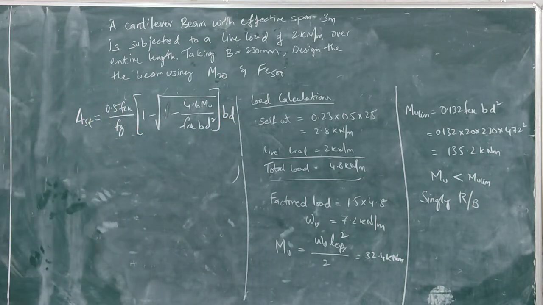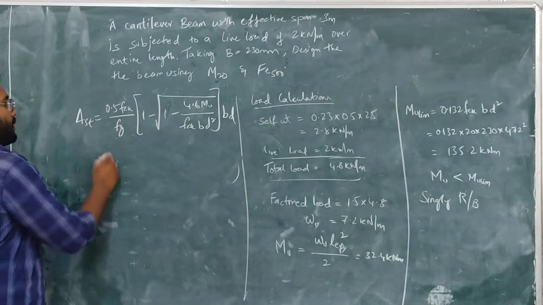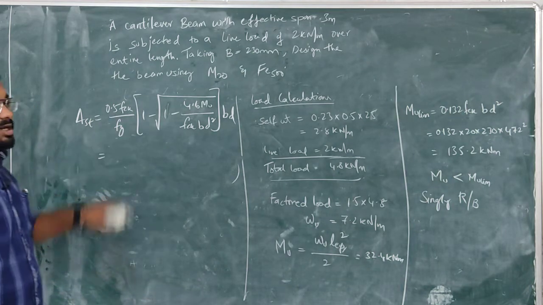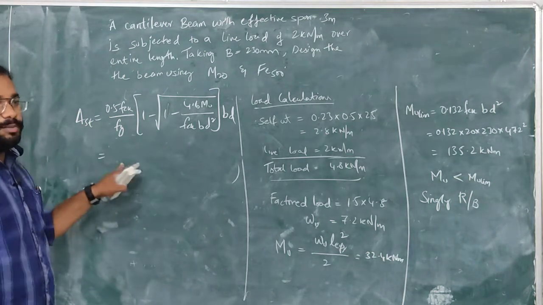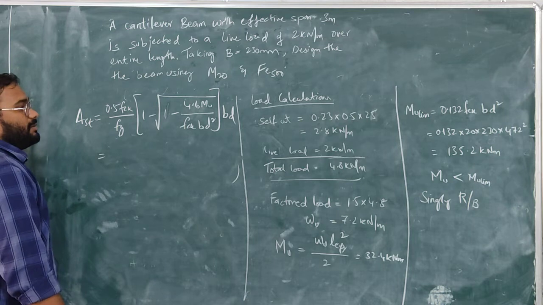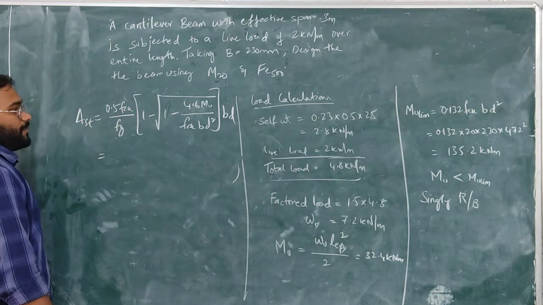Or you can even use the previous formula. This formula is more preferable because you avoid mistakes here. In solving a quadratic equation, there are many chances of getting mistakes.